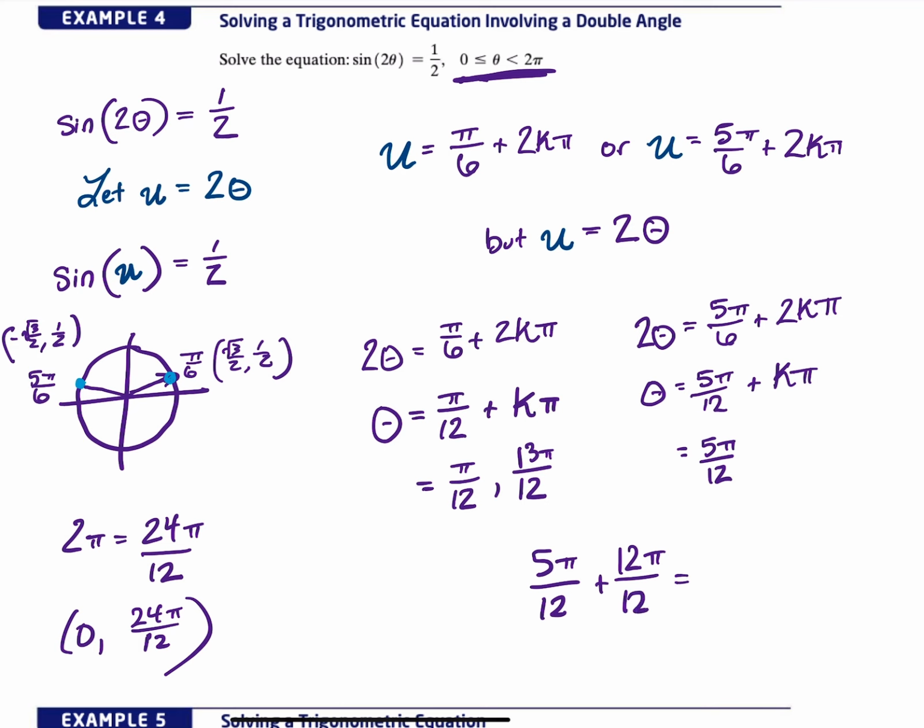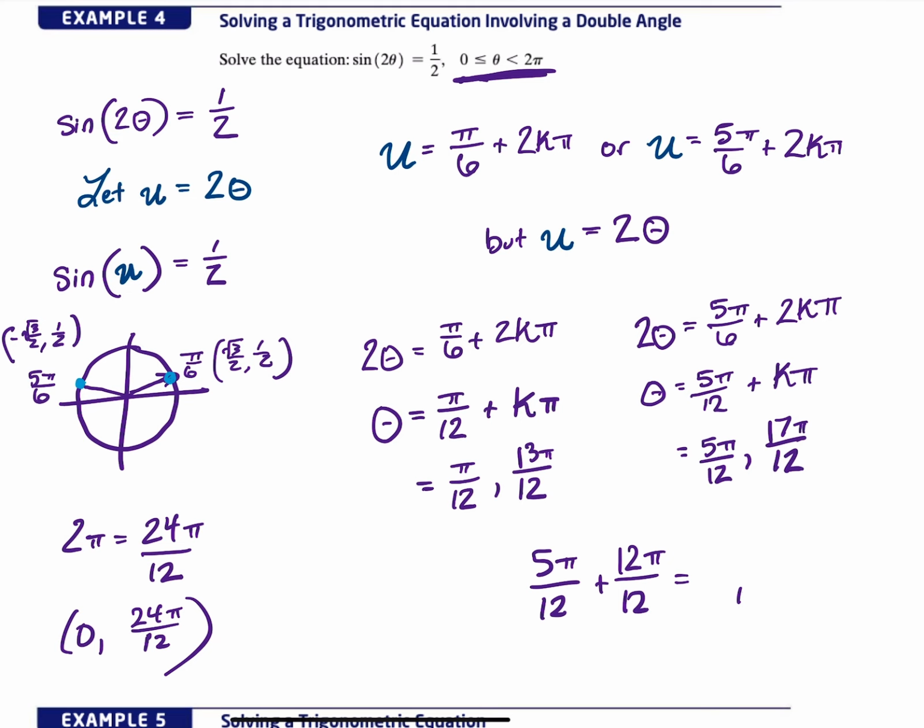So that will give us 17 pi over 12, which is less than 24, less than 2 pi, so we can have that as another solution. And then if we added another 12 pi over 12, we would be beyond 24 pi over 12.